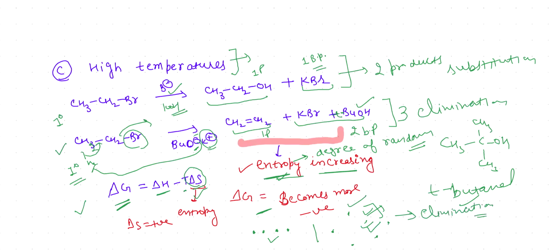As we increase the temperature, this whole factor increases, so delta G will be more negative for elimination. So it is clear from this point that high temperature leads to elimination reaction.